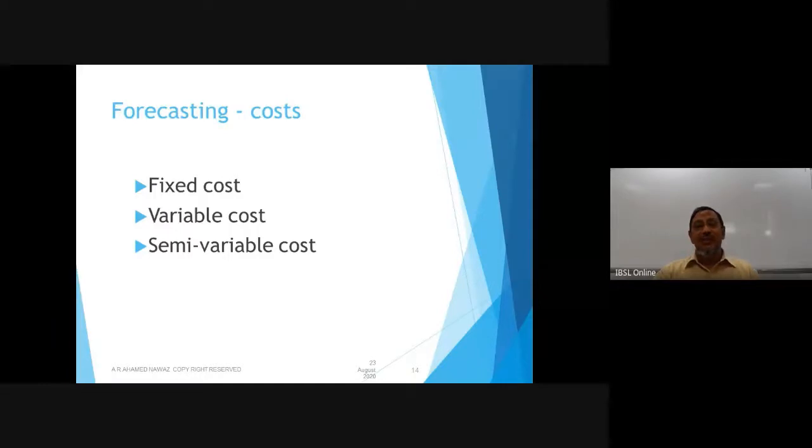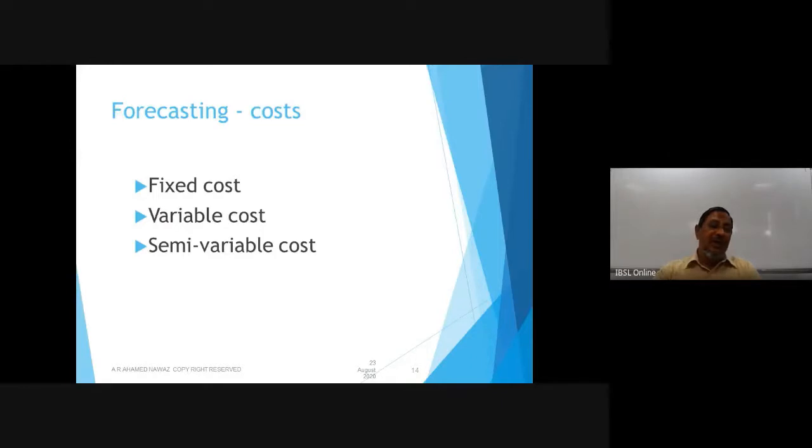But the variable cost is changing with the sales. The cost of goods sold, purchases and cost of goods sold, is a variable cost. Why? It always changes in direct relationship to the sales. When the sales are increasing, CGS cost will increase. Right?